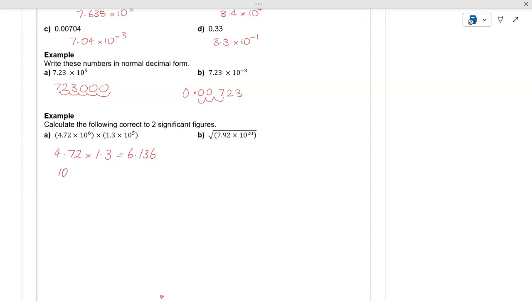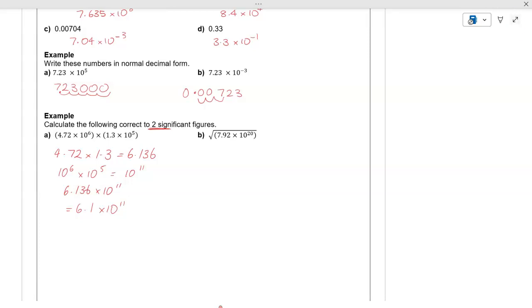Thinking back to our indices rules, if we multiply 2 base numbers that are the same that have a power, it means I add my powers. So that would give me 10 to the power of 11, so I would get 6.136 times 10 to the power of 11. However, the final step says I want it to 2 significant figures, so I change this to 6.1, the 3 doesn't affect our 1, times 10 to the power of 11.